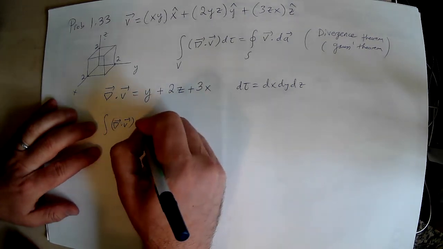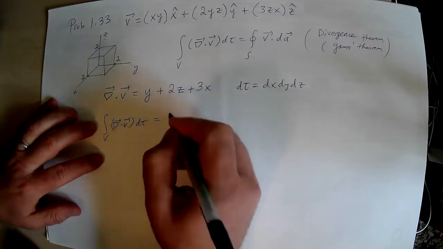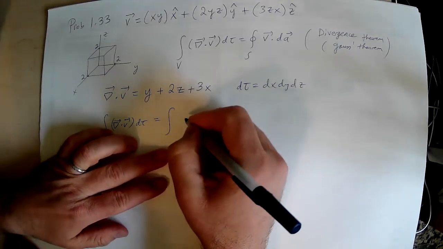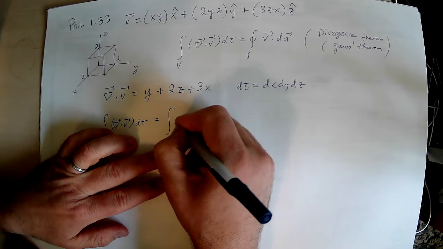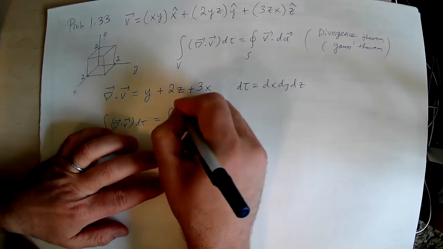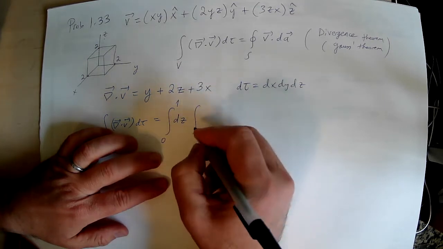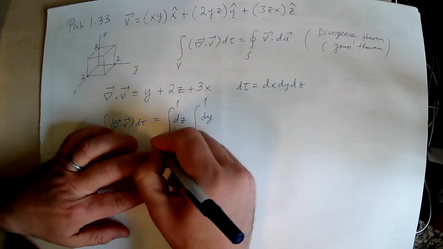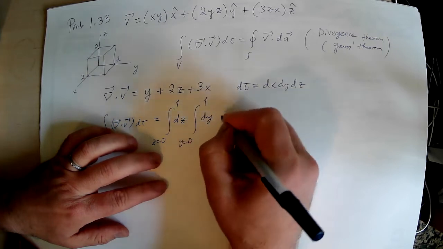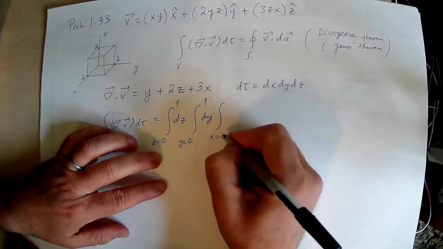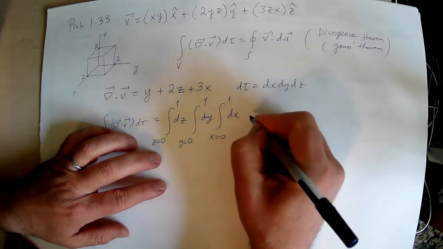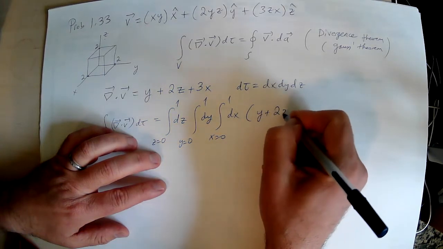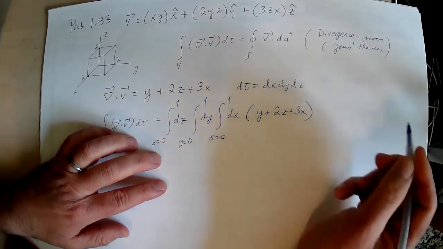Divergence of v d tau over this volume would be, okay, so we're going to take one integral at a time. So dz 0 to 1 and dy 0 to 1. This is z equals 0 to y equals 0. And then x equals 0 to 1 dx of y plus 2z plus 3x.